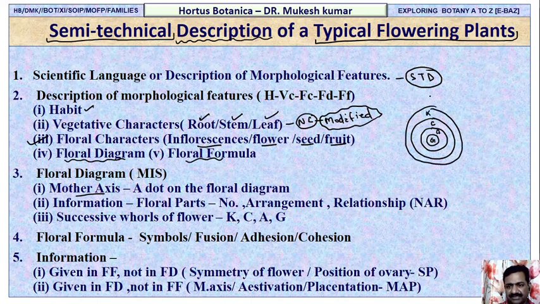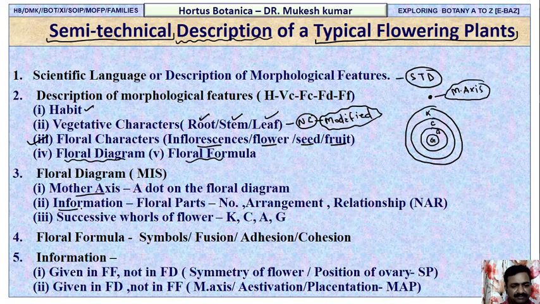If you put this dot here, then this dot is called the mother axis. This is the point of reference to identify the position of the floral whorls, the calyx, corolla, and androecium.